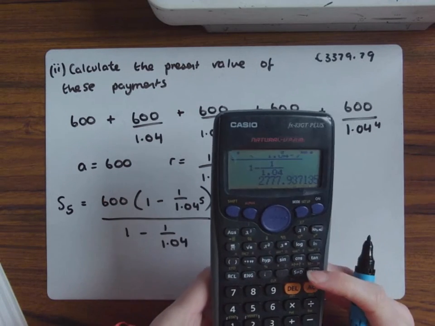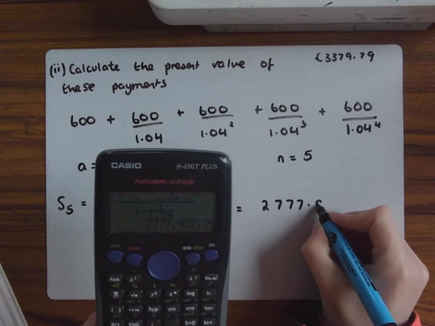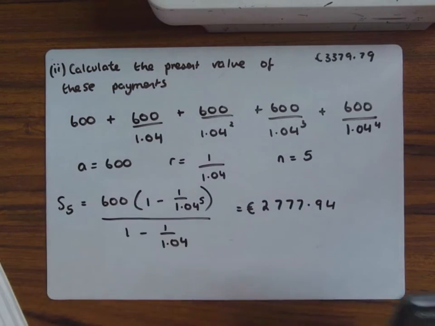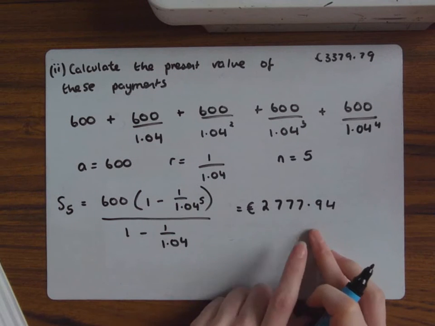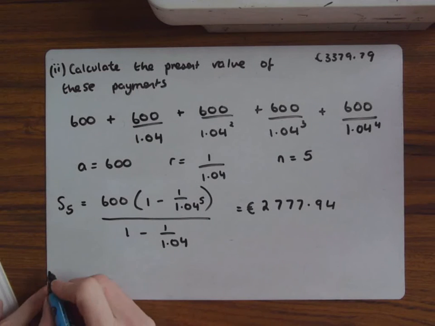What we get is 2777.94. That's the present value of all of those savings.